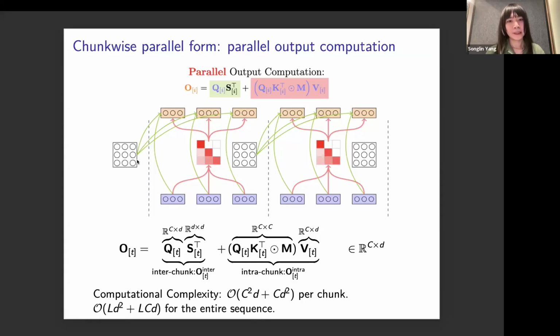Then for the entire trunk, we can use each token's query to attend to this recurrent hidden state and retrieve the output from it. Previously, we had a matrix-vector product for this memory readout operation. And here, since we have multiple queries reading out the same recurrent memory, we have another dimension, the trunk size dimension, to form a matrix multiplication.